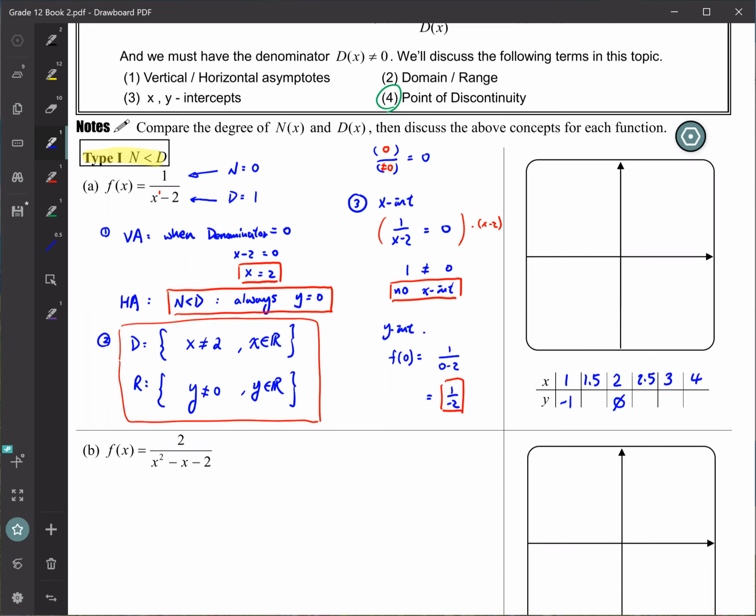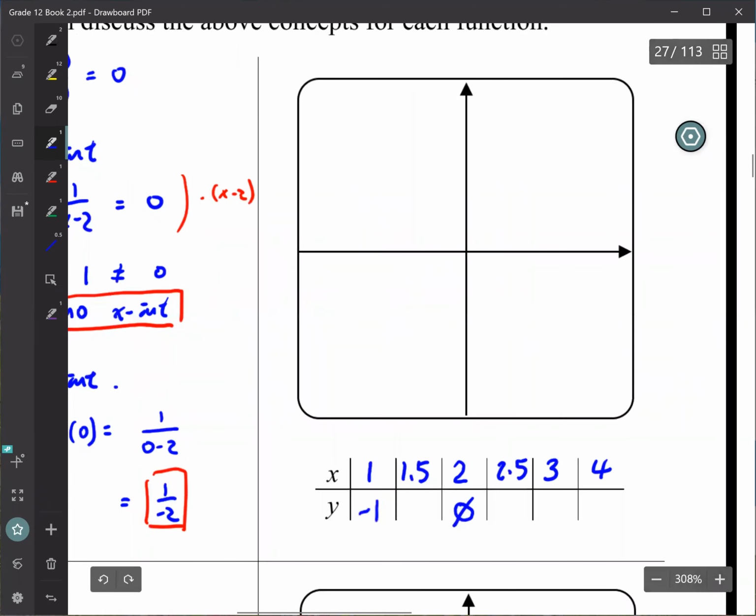Okay, Donna, what do you get for 1.5? -2. -2, thank you. And Tiana, 2.5? 2. 2, okay. Cindy, how about 3? 1. 1, okay. Eric, 4? Half. Half, okay.